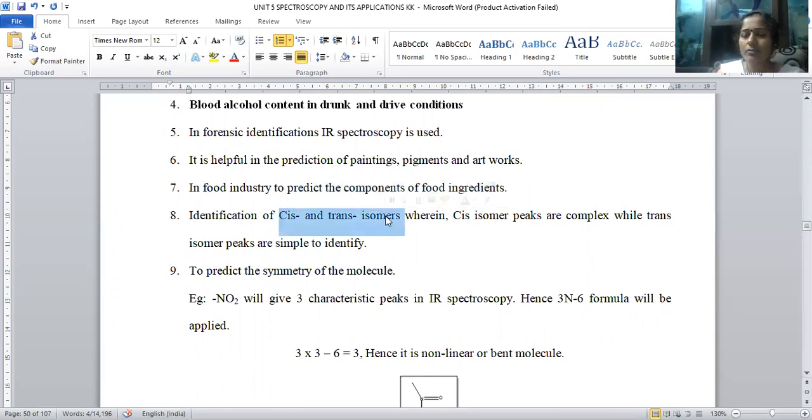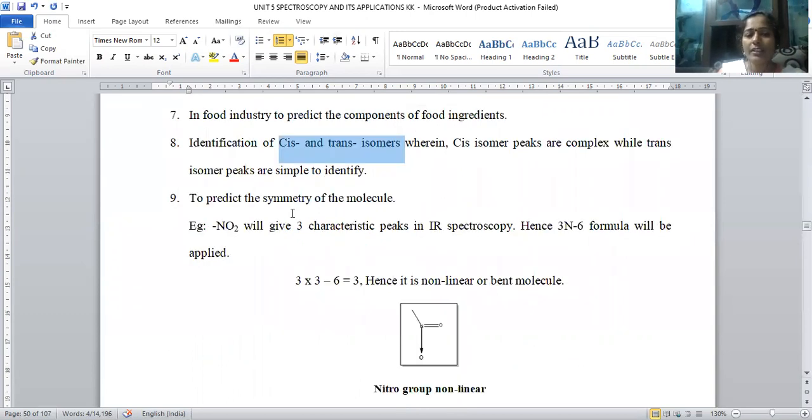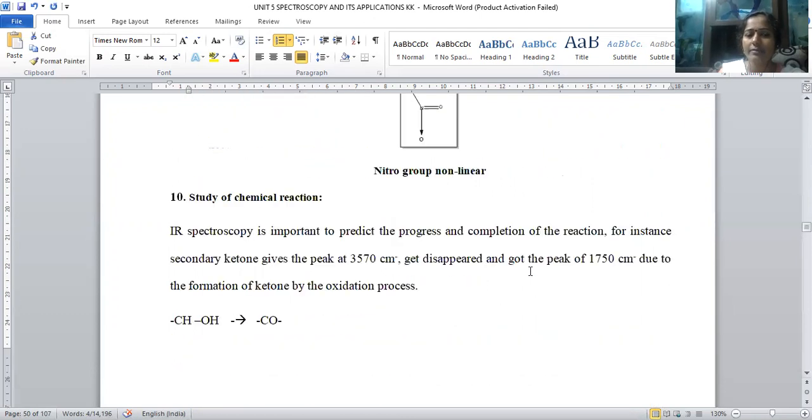Cis trans geometrical isomers can be easily distinguished by using IR spectroscopy. And whether the given molecule is straight or linear or bent can be predicted by using the number of vibrational freedoms. And for the study of chemical reactions, the rate of the reaction can be conveniently studied by using infrared spectroscopy.